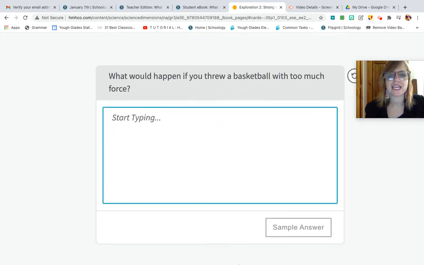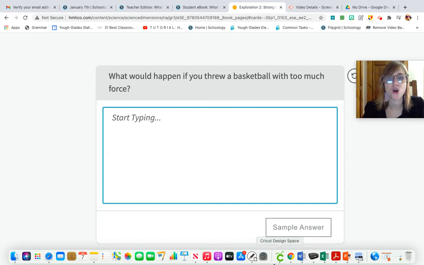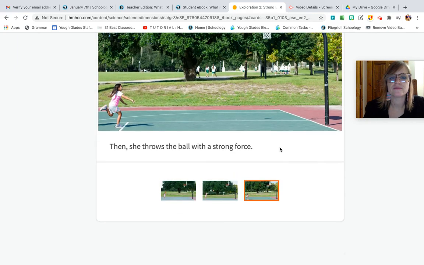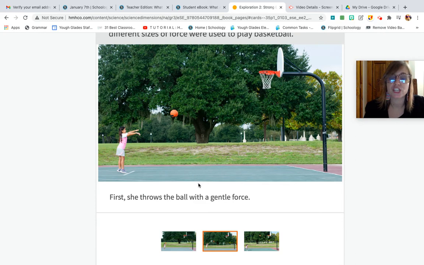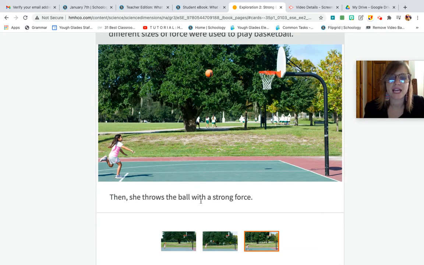What would happen if you threw a basketball with too much force? I want you to think about the objects we discussed here. I want you to think about the pizza maker, and I want you to think about the little girl in the picture. In our examples up here, it looked like she threw it with a gentle force here, and then a little bit stronger this time.